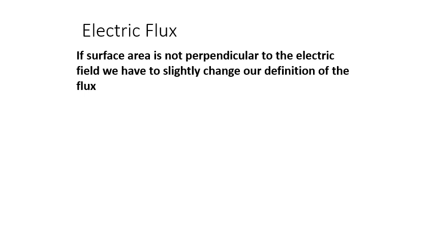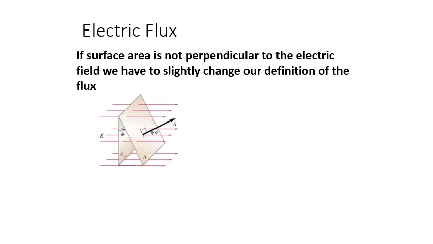But if it is not, then we have to consider the angle also. As shown in the figure, the electric field is passing, and the first surface is perpendicular to it.